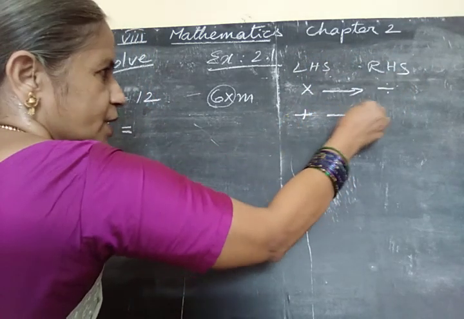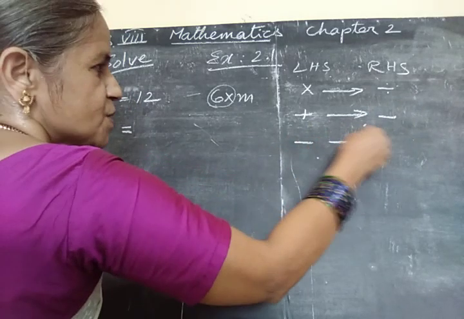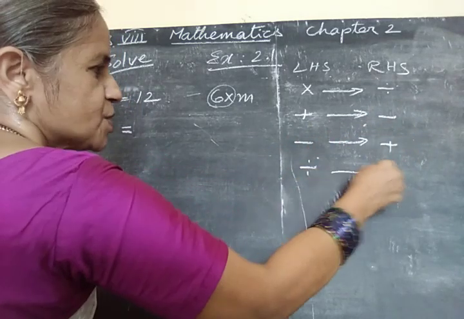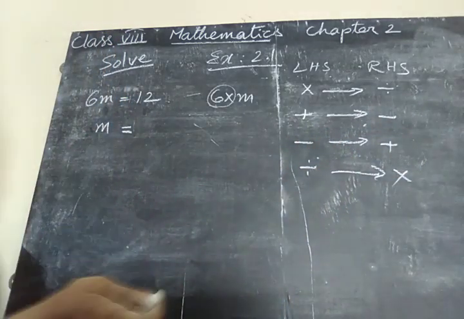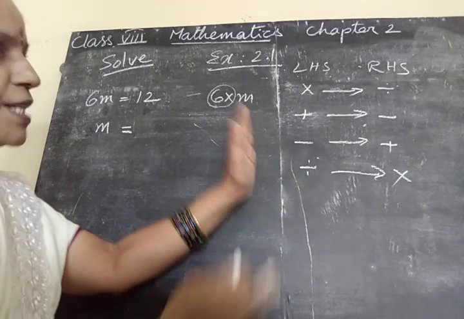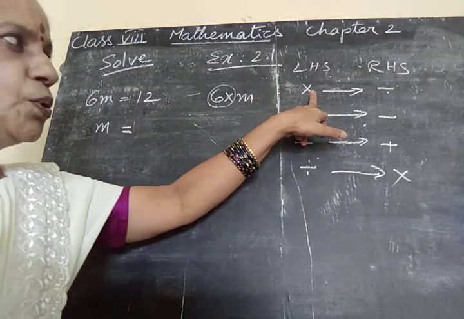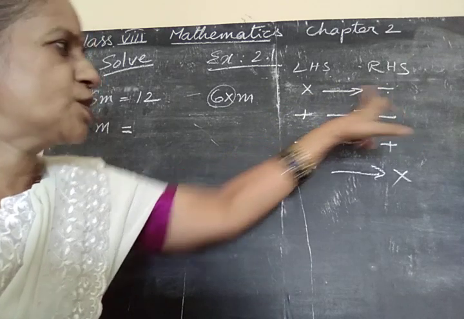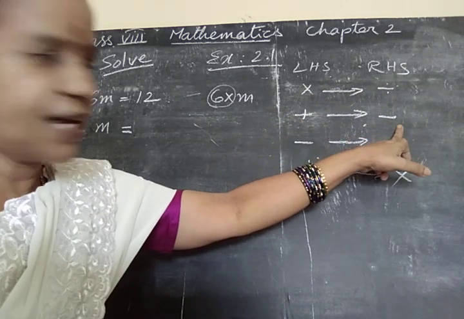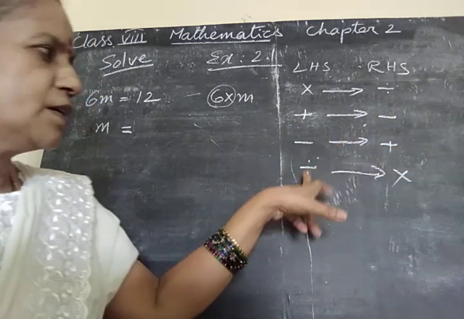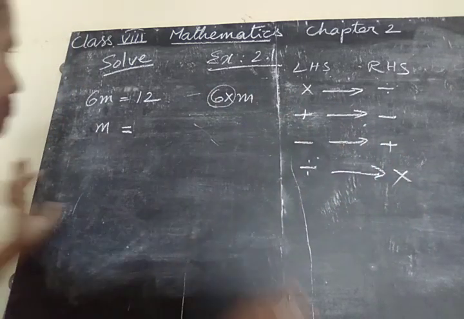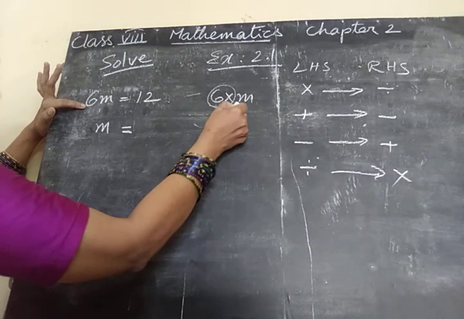Plus becomes minus. Minus becomes plus. Divide becomes into. While transposing LHS to RHS, into becomes divide.